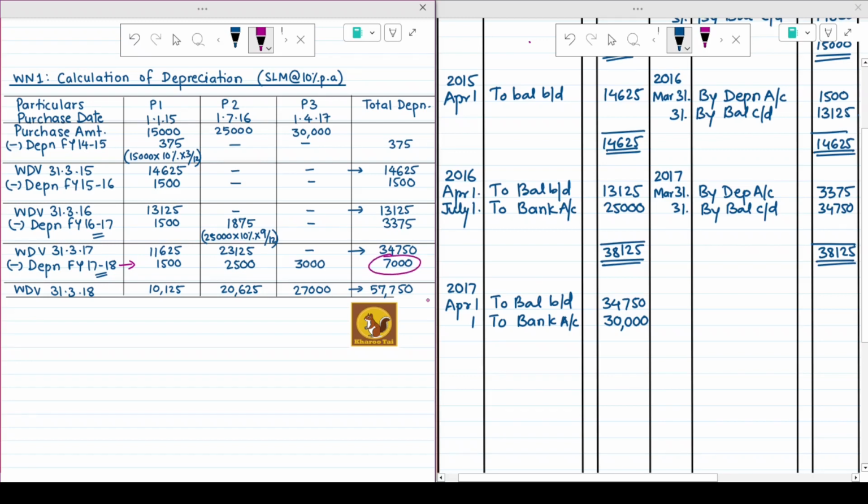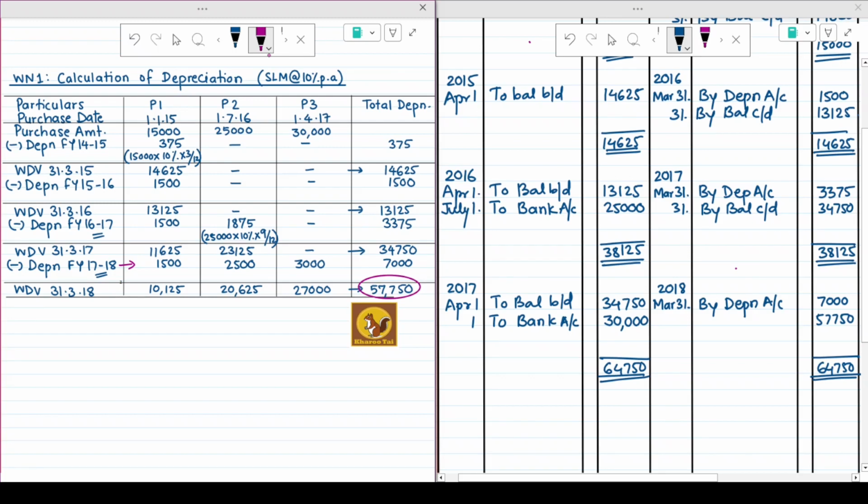We have the total here, 7,000. 2018 March 31 by depreciation account 7,000. So 34,750 plus 30,000 is 64,750. Closing the books. 64,750 minus 7,000 will get 57,750, and this amount matches with this amount.